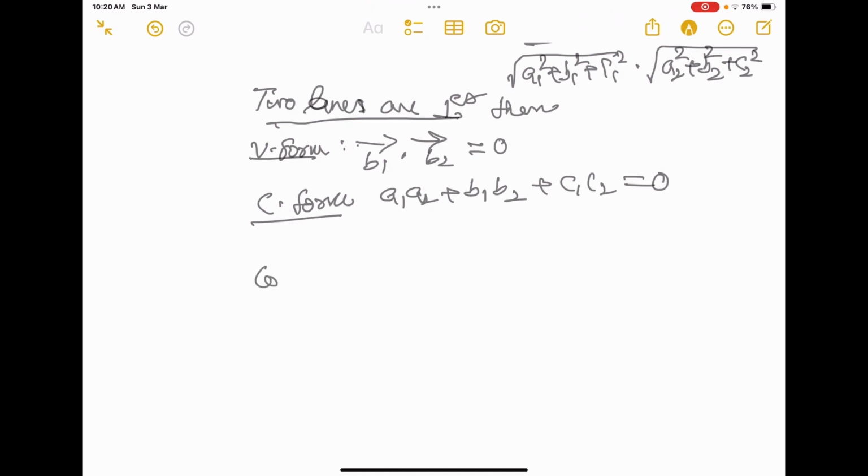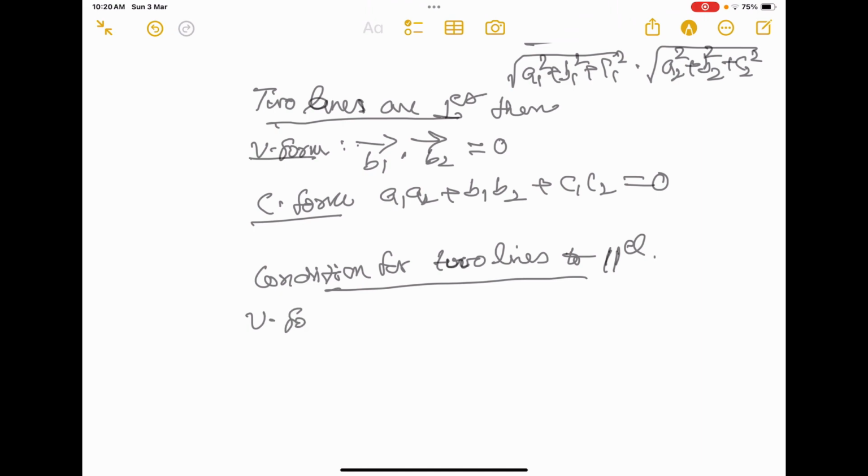Then condition for two lines to be parallel. In vector form, vector b1 cross vector b2 equal to 0.